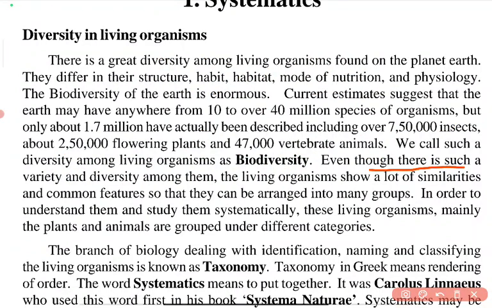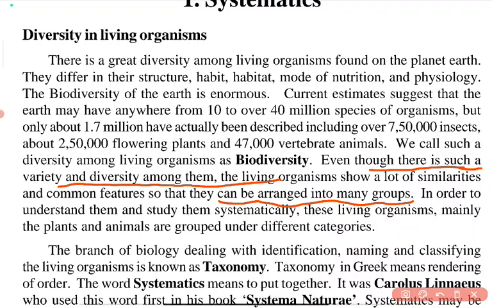Even though there is such variety and diversity among them, the living organisms show a lot of similarities and common features, so they can be arranged into many groups. Friends, I know, and you also know, that there is different diversity among them, but it is not uncommon that they have some same or common features among them. Yes, definitely this is the same.